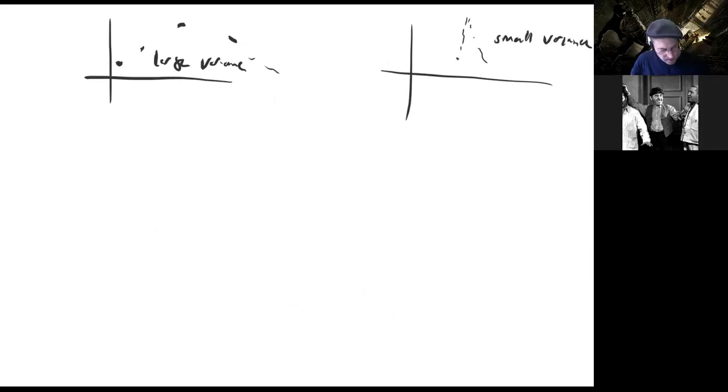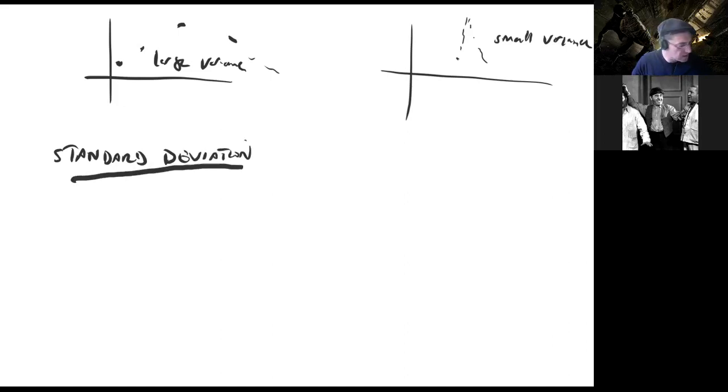Okay, another quantity people talk about is the standard deviation of a random variable. The point is that when we form the variance, we're squaring things and summing them up.